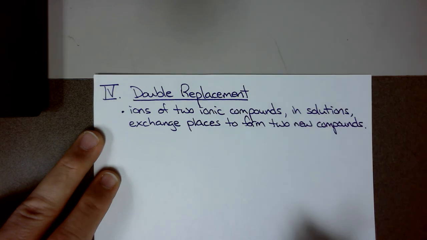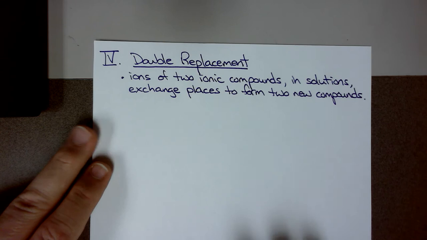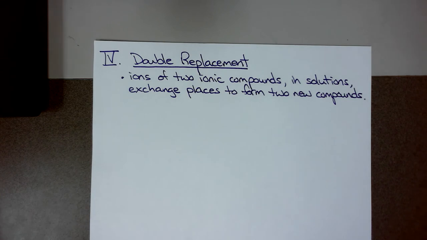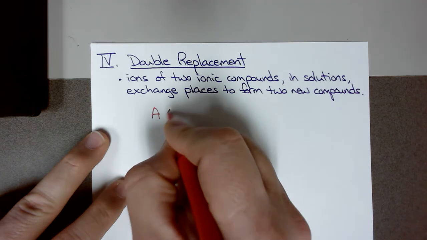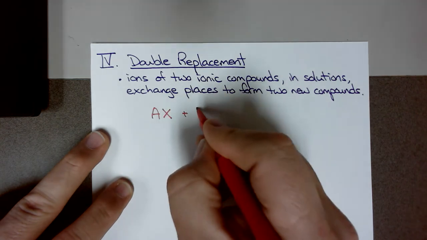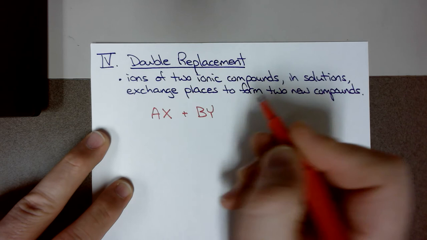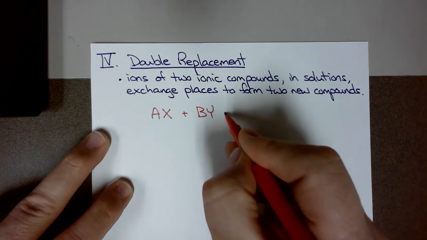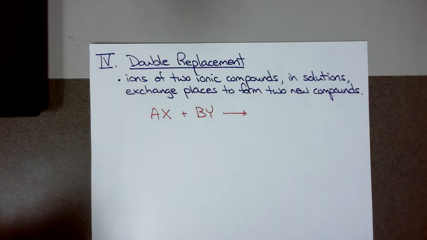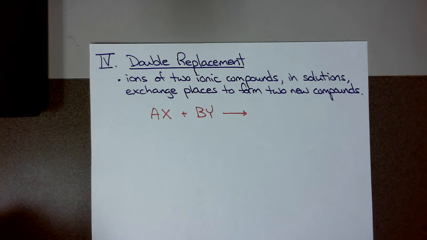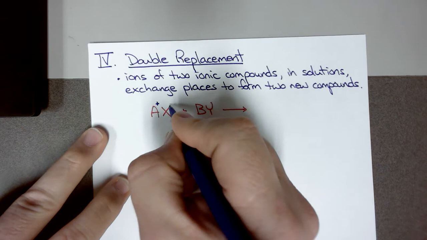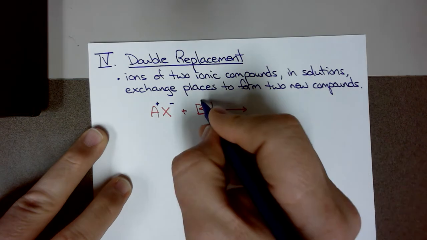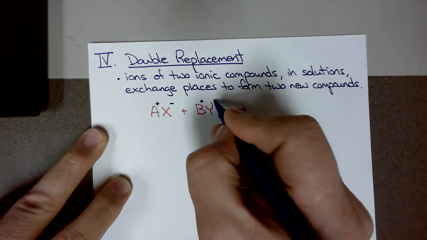Okay, so let's look at that. So the general form would be, let's say we have AX plus BY. AX plus BY. Now in this case, remember, A would be the cation, and X would be the anion, B would be the cation, Y would be the anion.